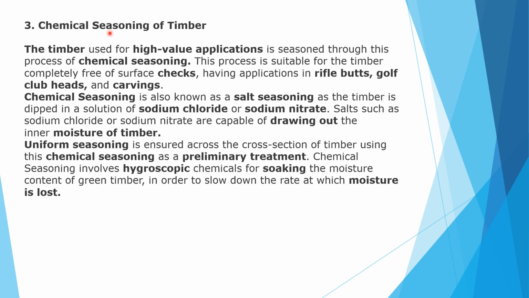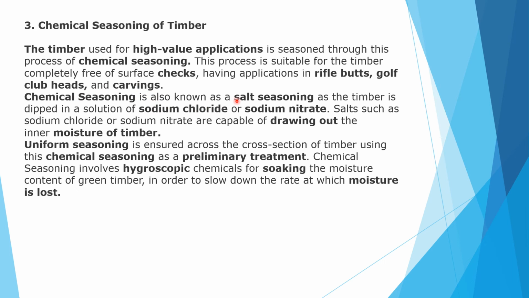What is chemical seasoning? This is also artificial seasoning. The timber used for high value application is seasoned through this process. This process is suitable for timber completely free from surface checks. Applications are rifle butts, golf club heads, and cavities.